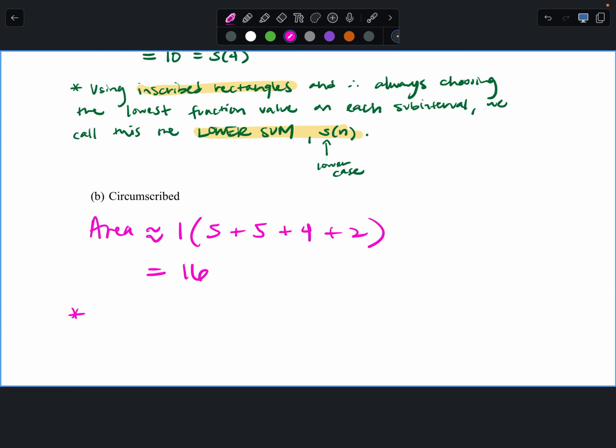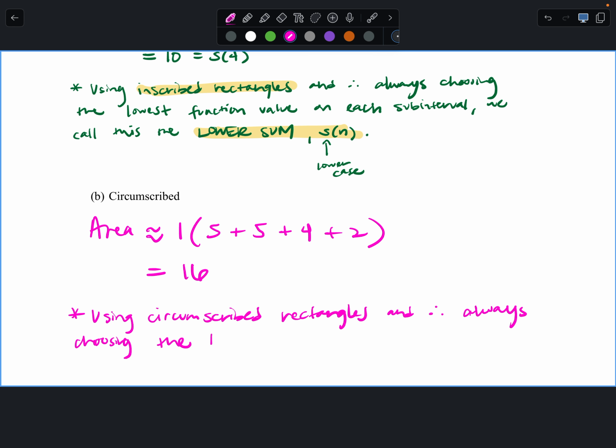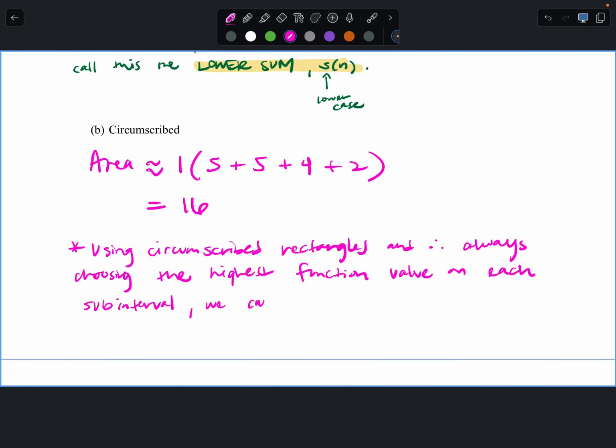And when we're using the circumscribed rectangles, and therefore always choosing the largest function value or the highest function value, we call this value the upper sum, capital S of n.